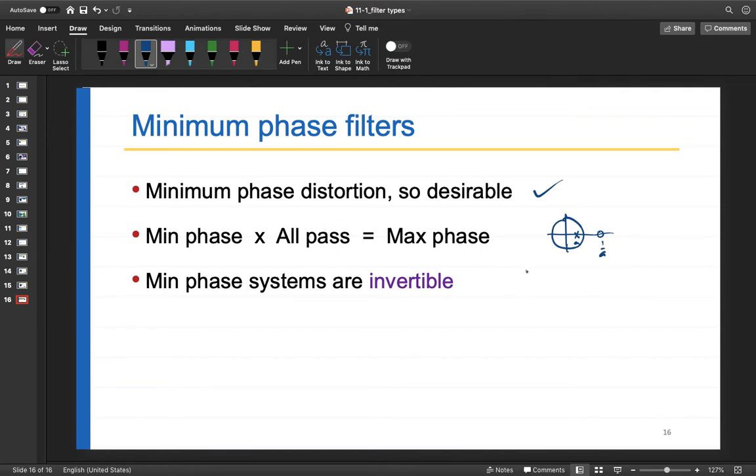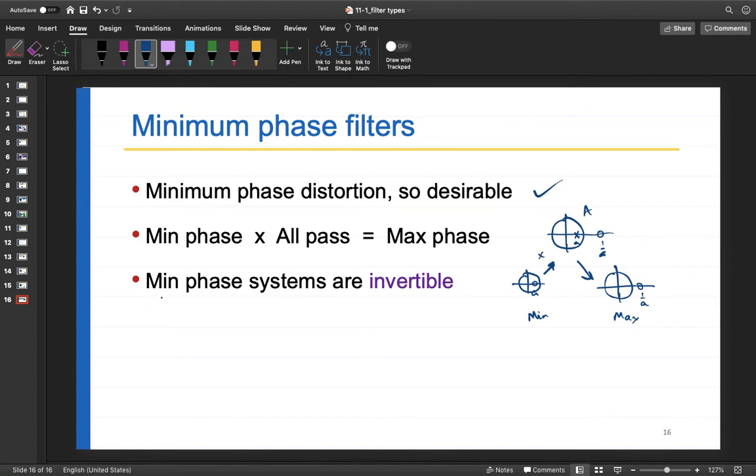For example, if this was my min phase system with a pole at a, and I multiply with this all pass system, what do I get? This pole and zero get cancelled and the zero moves outside, at 1 upon a. So that is a max phase system. And this is my all pass system. So this is a multiplication operation here.